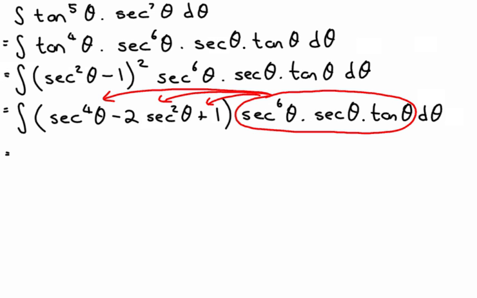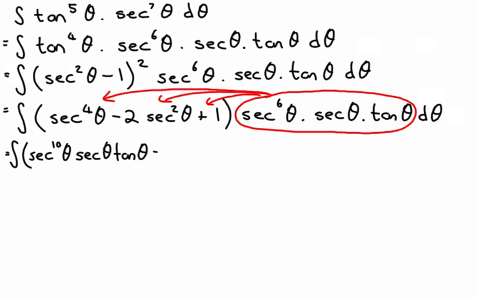Okay, so these do get very long, especially in this case. Let's see if we can squeeze it in. So that becomes the integral of sec to the power of 4 theta times sec to the power of 6 theta, which is sec to the power of 10 theta, and that's being timesed by sec theta tan theta.